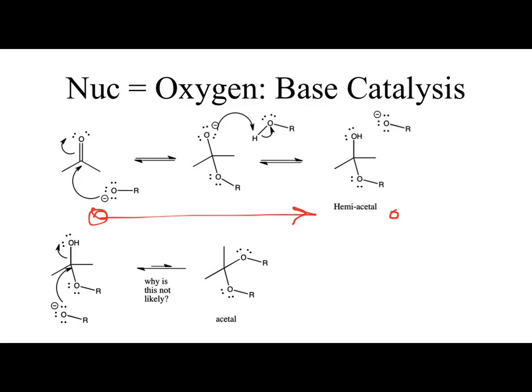How can we try to push it as much as possible to the hemiacetal? That's where we talked about the funny French man. I think he's French. We can add a ton of one of these reagents, which goes back to Le Chatelier's principle. If we had a reaction at equilibrium, our balance is set. What we want to do is shift our equilibrium to produce as much product as possible.